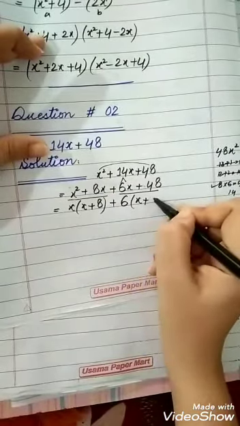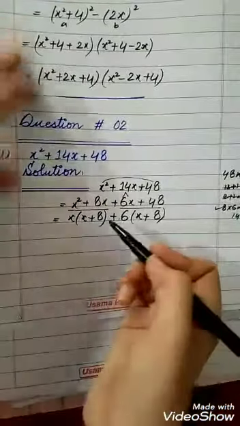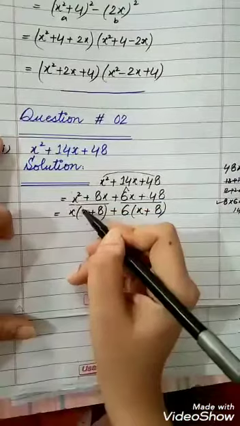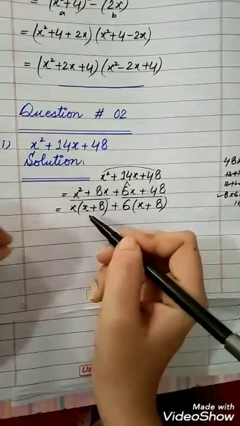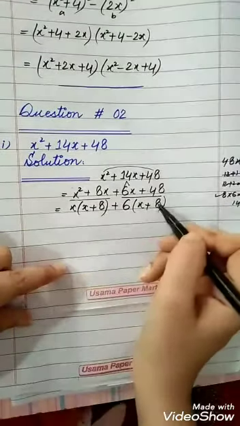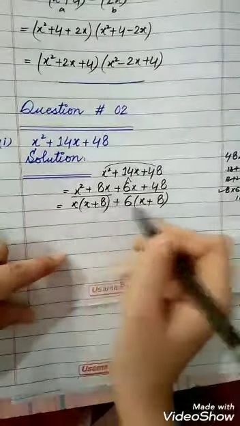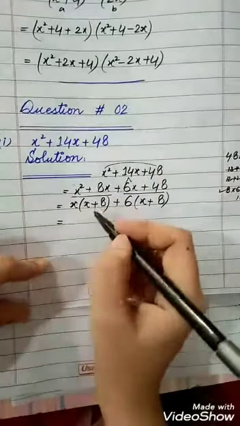So students, you can judge whether your question is 100% correct by checking these two bracket terms. The bracket terms are exactly the same, because the sign is also positive: x plus 8, x plus 8. If both bracket values are the same, it means your question is correct.